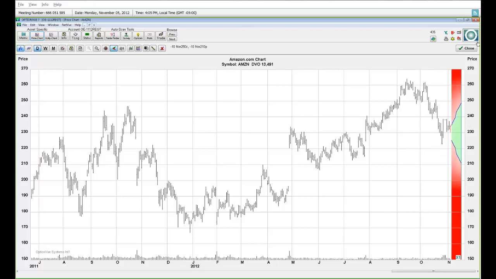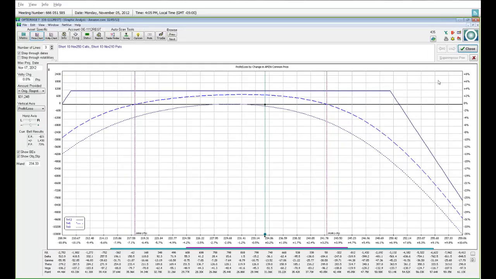But it looks okay. So what we try to do as a professional options trader, we try to design positions where we can't decide over time consistently if the market's going to go up or down.